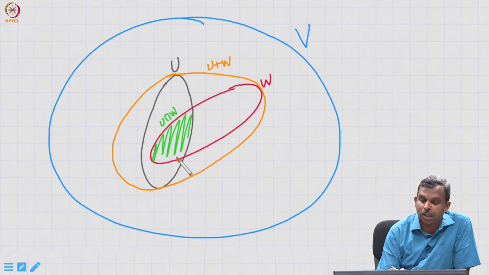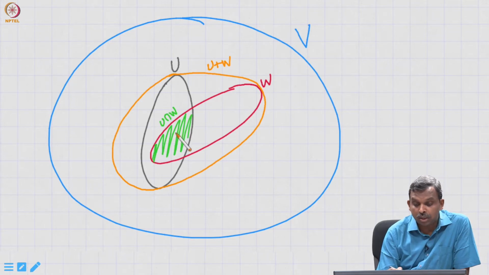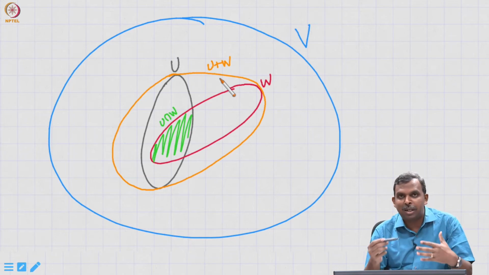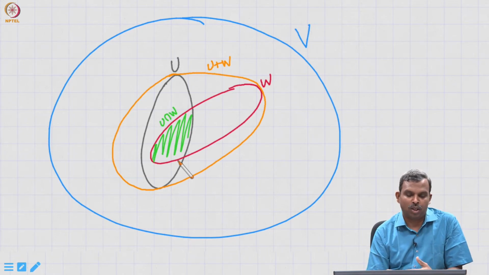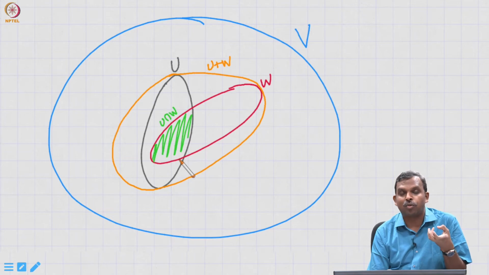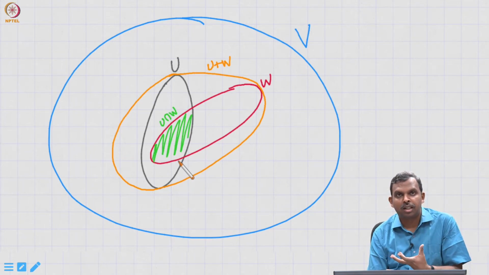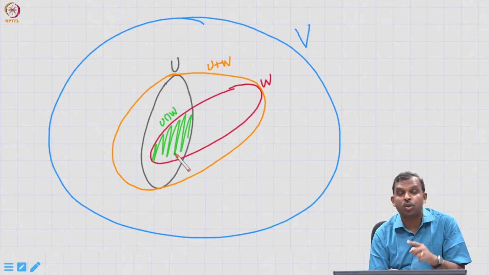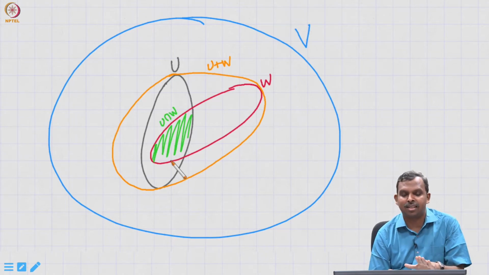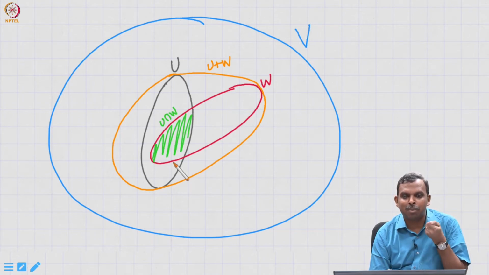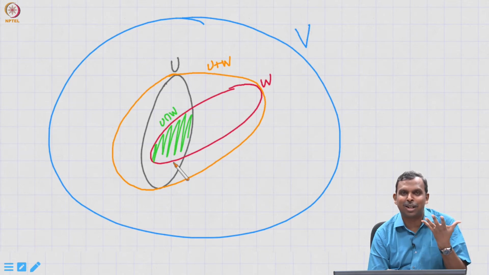This U intersect W will show up both in U and in W, and when you do U plus W, there are these multiple ways in which these things can add together, okay. So when you count the dimension of U plus W, you should count the dimension of U plus the dimension of W, and then subtract from it the dimension of U intersect W. The U intersect W you should not count twice, okay. That is the idea in this whole U plus W thing. So this dimension is a number that quantifies the size or spread of your vector space, right?